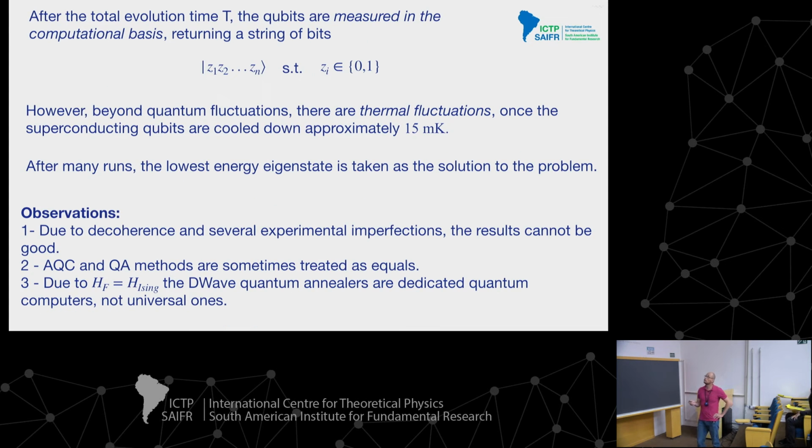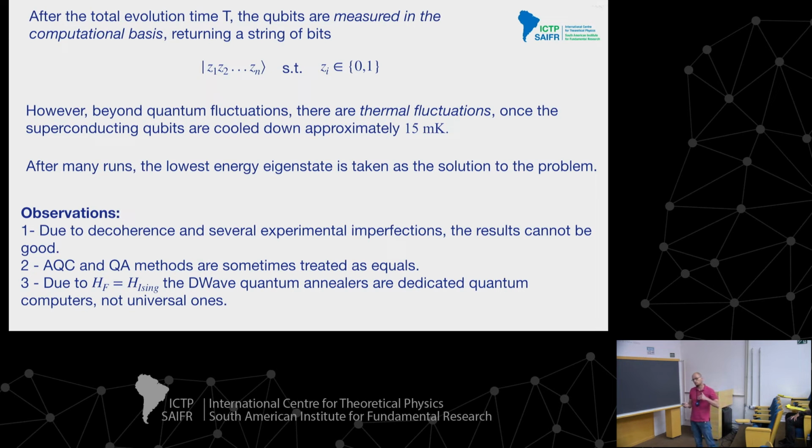And as you know, the final Hamiltonian is the Ising Hamiltonian, and a state with this form is an eigenstate of the final Hamiltonian. This is a string of bits, right? Just to know that in the D-wave systems, the temperature there is 15 millikelvin, okay?